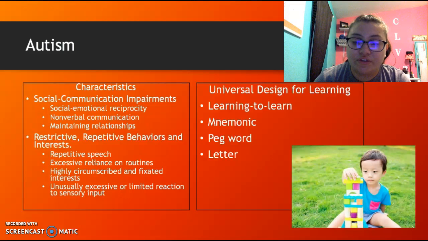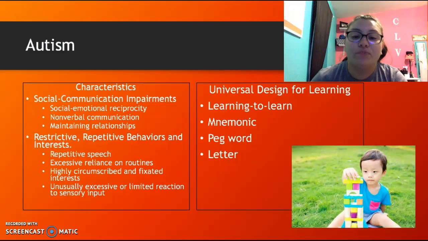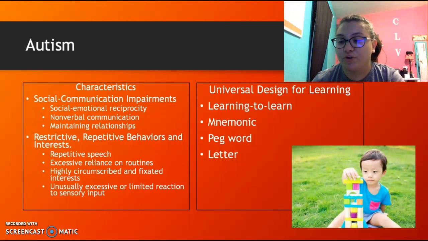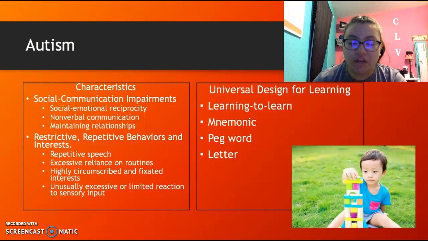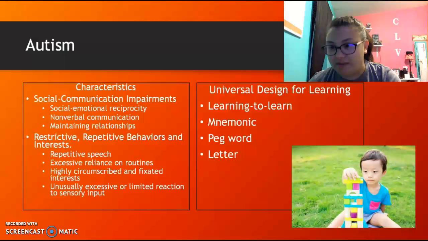A review of research related to restrictive repetitive behaviors and interests has reported that these behaviors are much more likely to occur in unstructured environments in order to regulate hyperarousal or increase sensory stimulation. Restricted repetitive behaviors and interests are more likely when students are unable to communicate in typical ways.